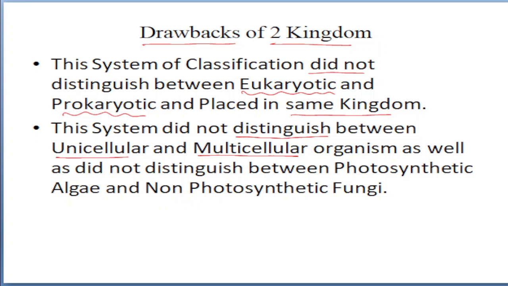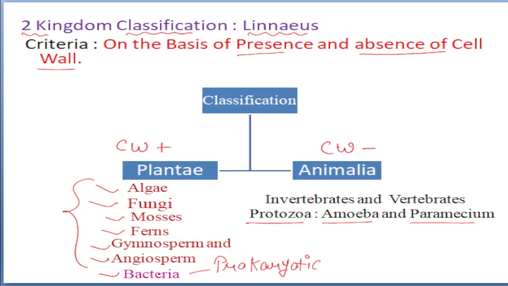Bacteria is a prokaryote, but it is also unicellular. While in case of algae, the example is Spirogyra, Spirogyra is multicellular, while the bacteria is unicellular.